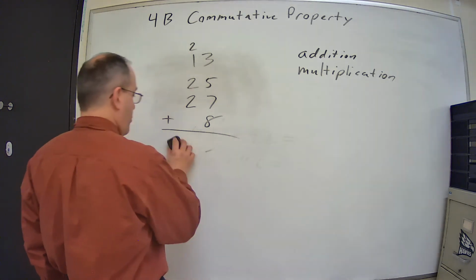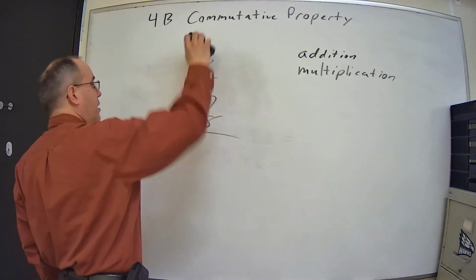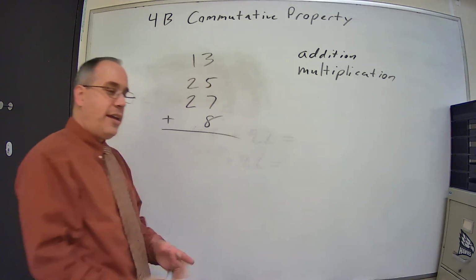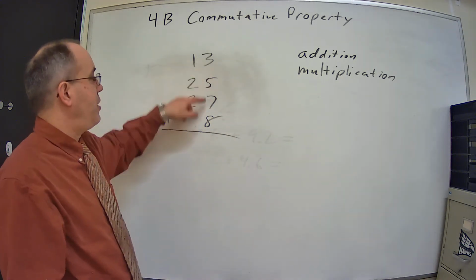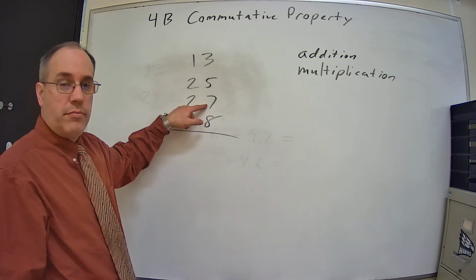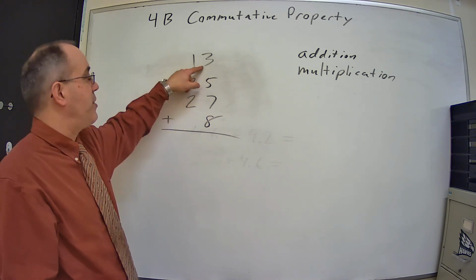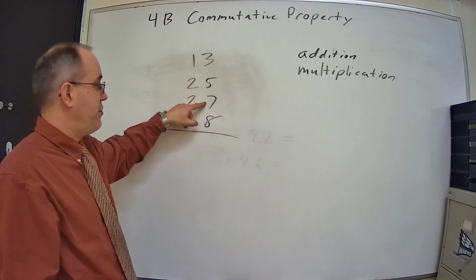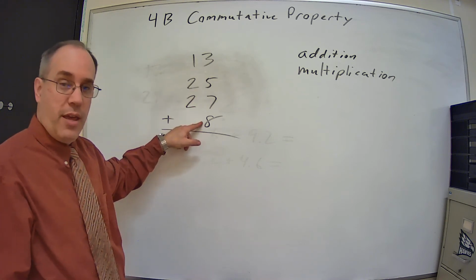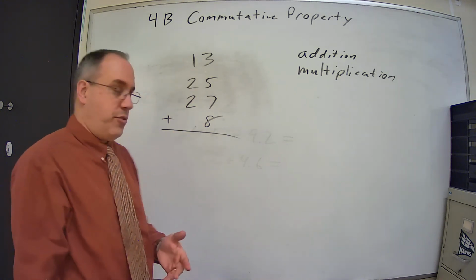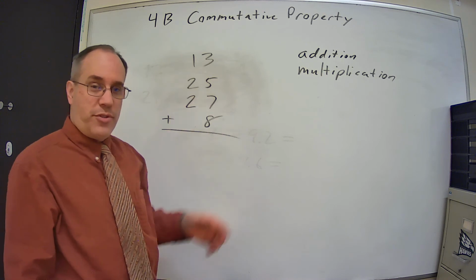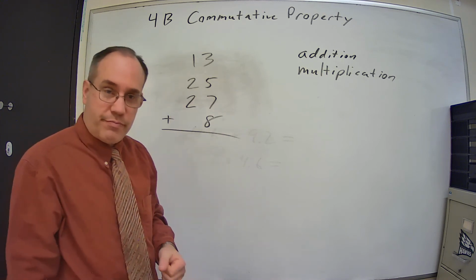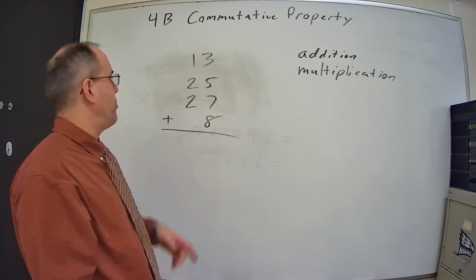But using the commutative property of addition, I can look at this and go, well, wait, 7 plus 3 is 10. Remember, this was 3 plus 5 was 8, plus 7 was 15, plus 8 was 23. So I had to take these individual steps, and I was always dealing with numbers that weren't even. I mean, didn't look very pretty.